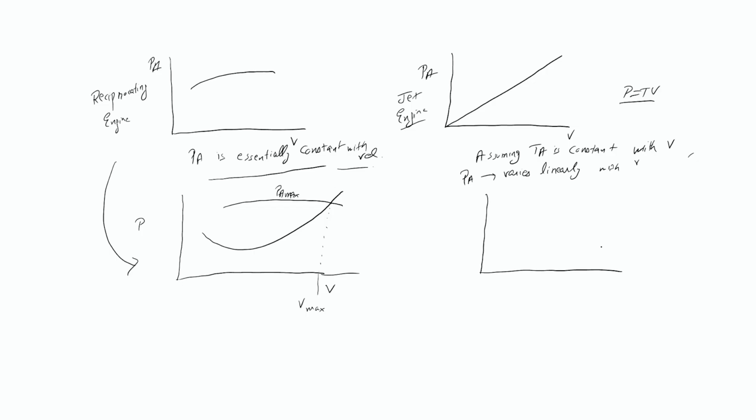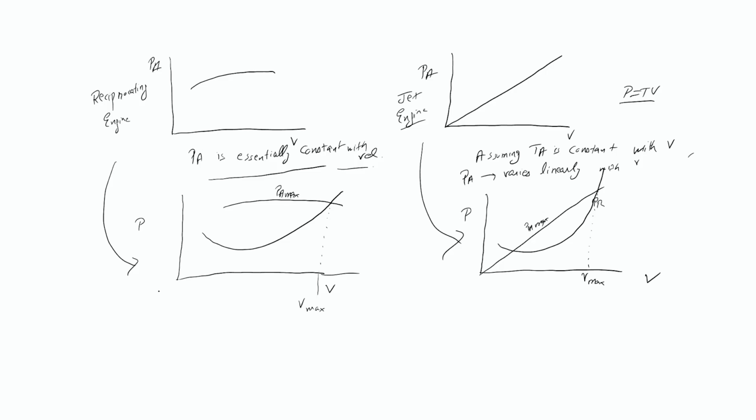What about this for a jet engine? Here we have this linear curve. This is the power available, PA max, and this is the power required curve. Now this will be your Vmax. This is again for a jet engine, the power with velocity curve.